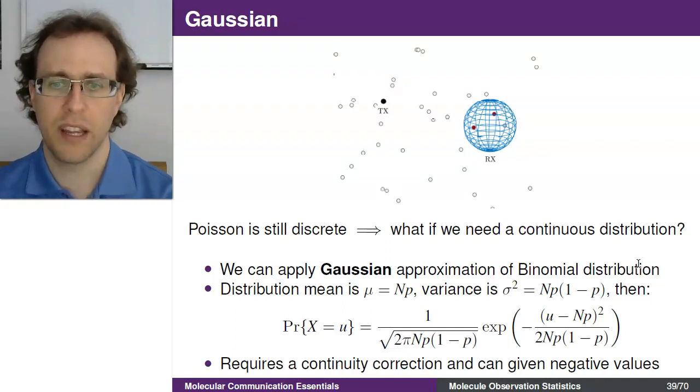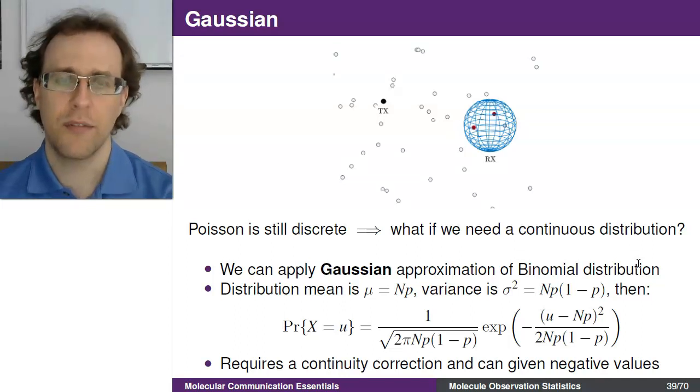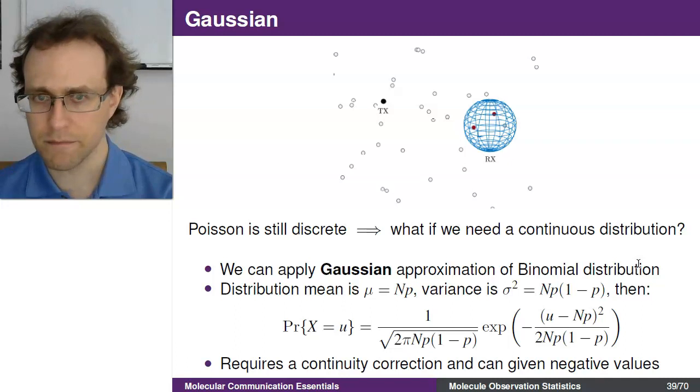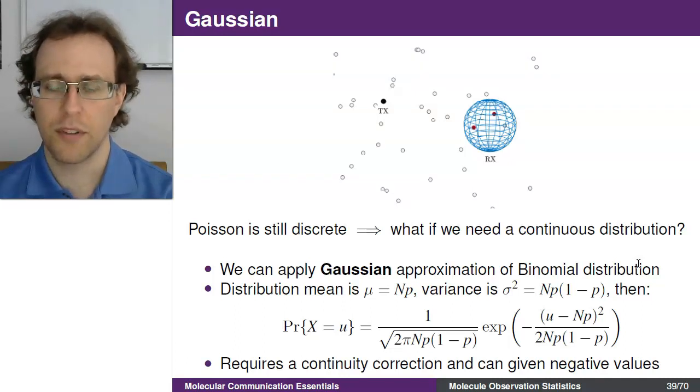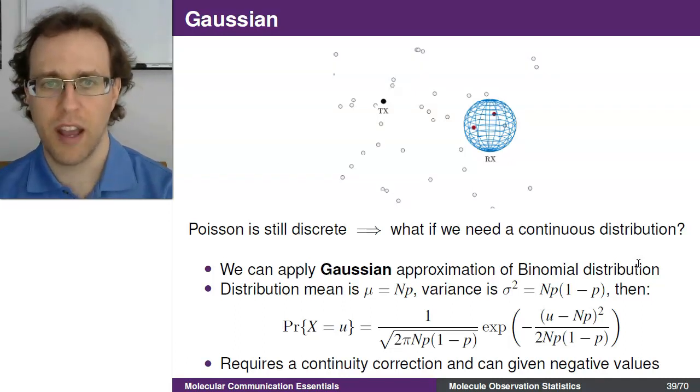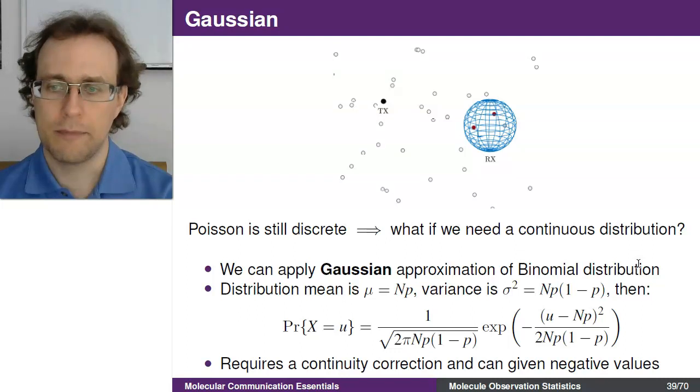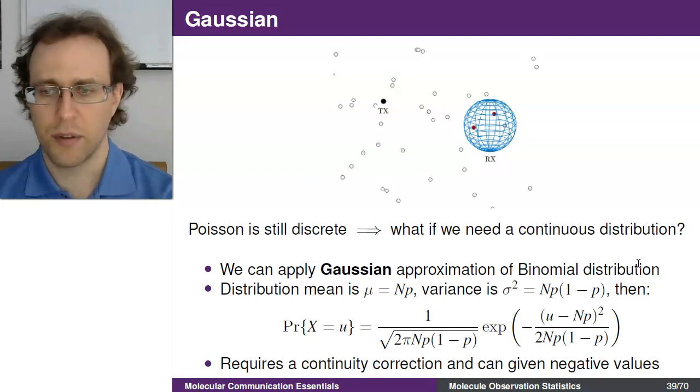One is that you need to apply continuity correction if you're looking at the cumulative distribution function. So when you're looking at the probability of having some number of molecules observed, or I should say up to some number of molecules observed.